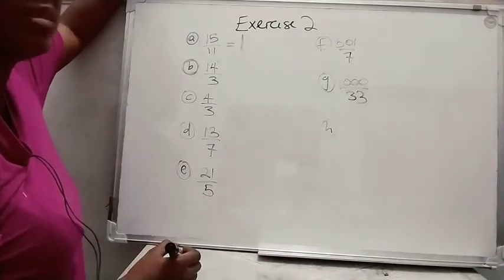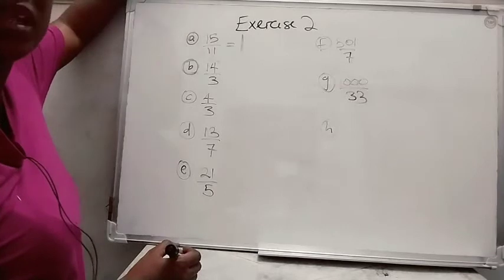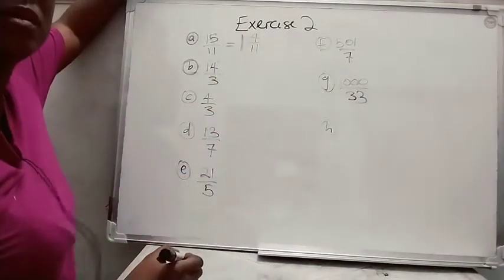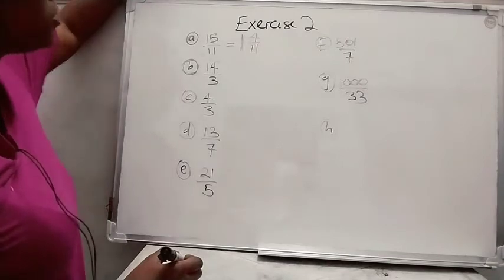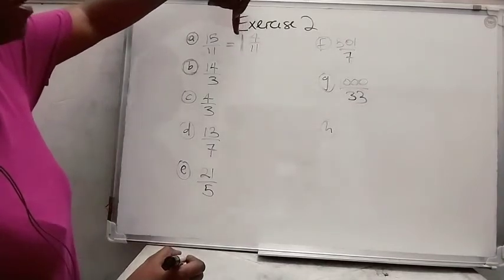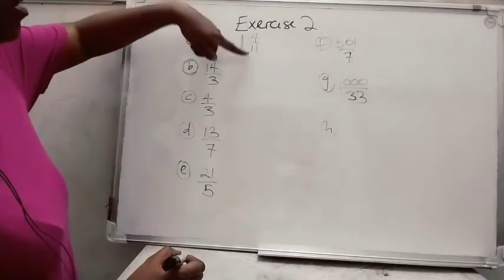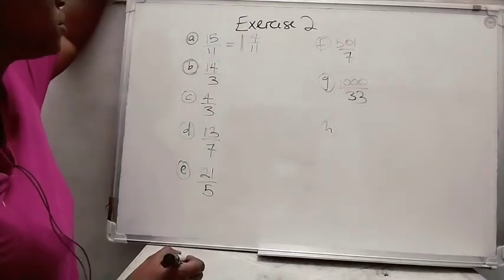Then the remainder, which is 15 minus 11, is what? 4 over 11. Okay? So it is a whole number you get, the remainder all over the denominator.